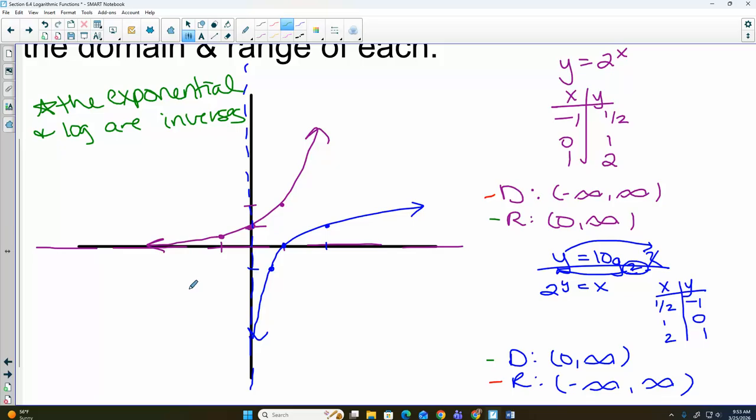On a log, since it has a vertical asymptote, what kind of transformation would move your asymptote? Would up and down change your asymptote? No. Left and right will end up moving that asymptote. And so if your asymptote gets moved, you have to make sure and draw that in.